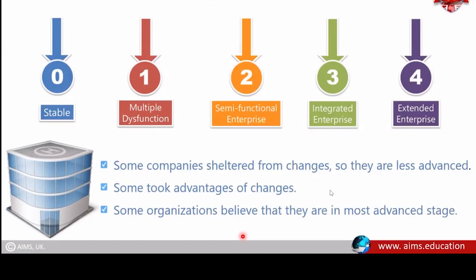Another one is some companies took advantage of the changes. Ito yung mga big companies or multinational companies na hindi takot to automate and invest money for the improvement of their process, resulting naman sa mas mabilis na transactions. Another one is some organizations believe that they are in the most advantaged stage because advanced na sila compared to the other companies, di ba?